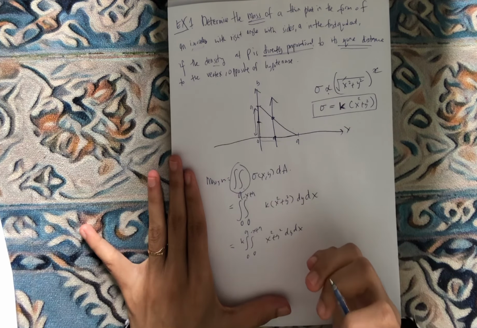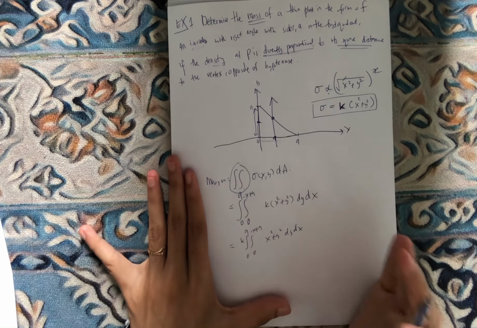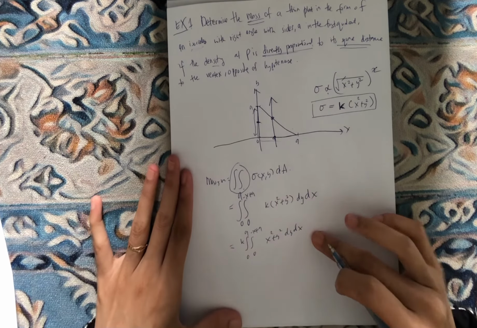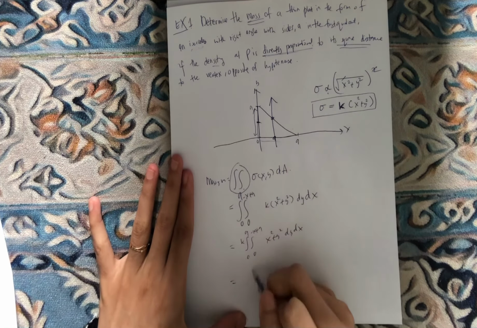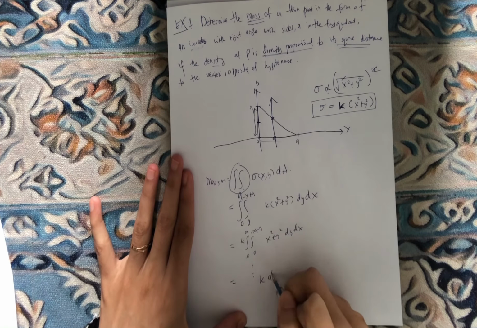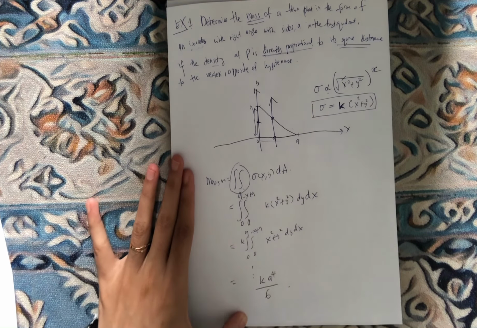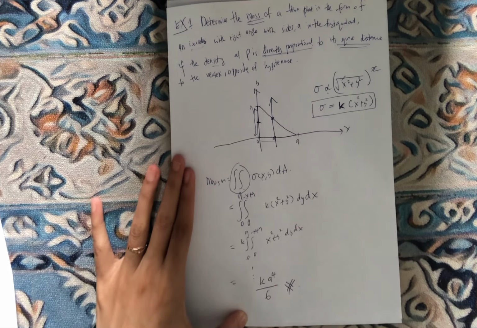After you integrate with respect to y, substitute these two values, then you integrate again with respect to x, substituting the limits 0 and a. So the final answer that you should get here is this. Okay, class, this is the final answer that you get.